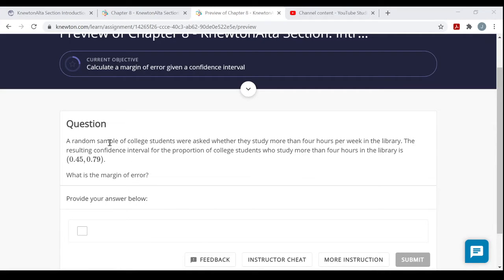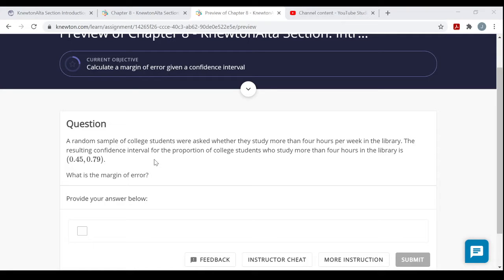A random sample of college students were asked whether they study more than 4 hours per week in the library. The resulting confidence interval for the proportion of college students who study more than 4 hours in the library is 0.45 to 0.79. Remember what a confidence interval is: a range of guesses about the population proportion.